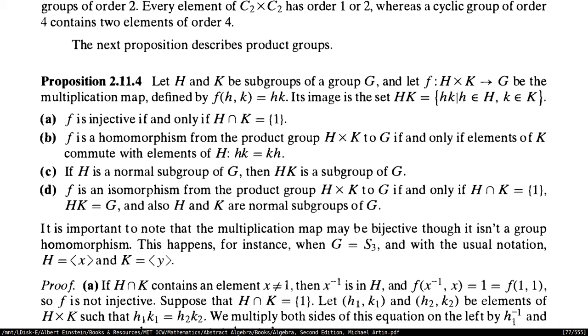But since H and K just have one in common, this equality must be the identity, right? So if these two are in H and K, then their product has to be the identity. So if that is the identity, then you can say that K1 is equal to K2, then H1 is equal to H2 by the cancellation law.